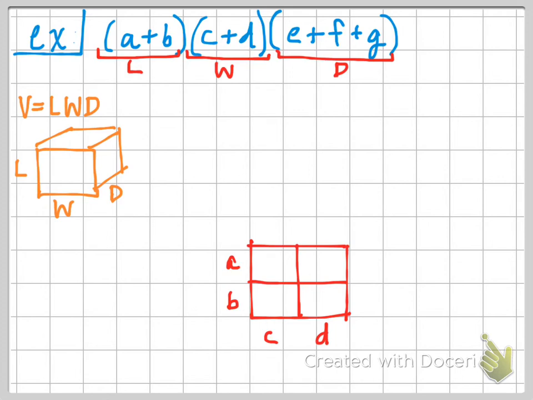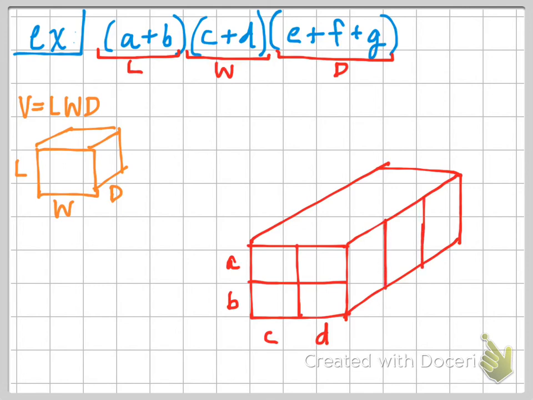And now to represent the E plus F plus G, I'm going to create the third dimension of my prism and draw these parallel lines going back, which will create a rectangular prism. And now I'm going to divide the depth into three sections, one for E, one for F, one for G. I have to do it along the side and then along the top, and carry all those lines back.